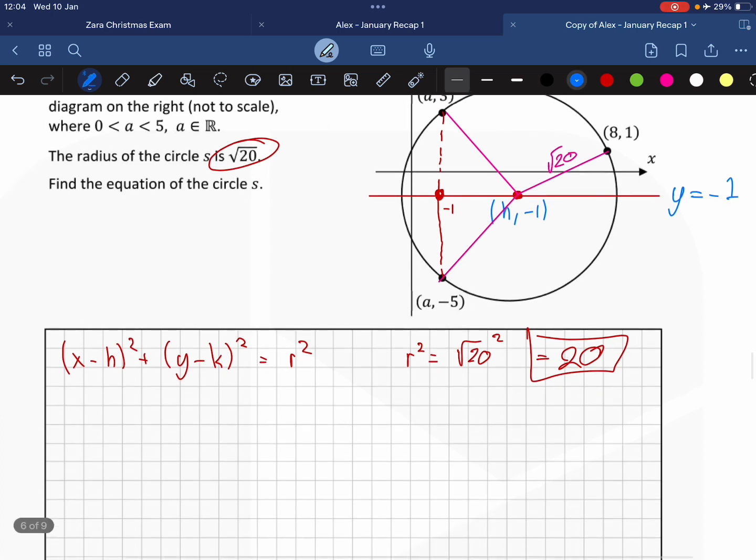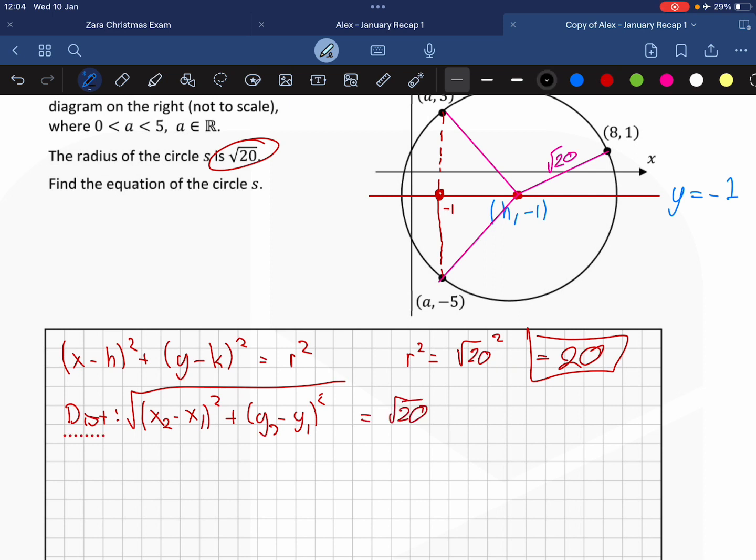Easiest way to do it is just going to be using that point (8, 1). So again, we're going to have to find the distance, which is the square root of x2 minus x1 squared plus y2 minus y1 squared, and this whole thing is going to be equal to root 20.